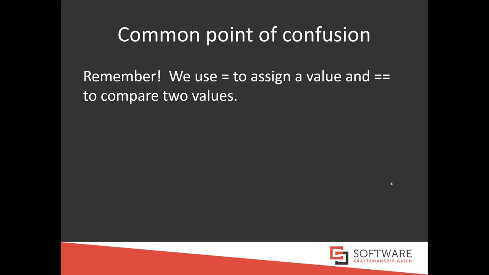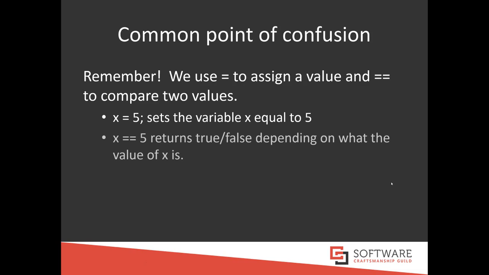When we start to get into if statements and expressions, the number one mistake new people make is swapping equal and double equal. x equal 5 sets the variable x equal to 5. x double equal 5 returns true or false depending on what the value of x is. If x is 5, it'll be true. If it's anything else, it'll be false.